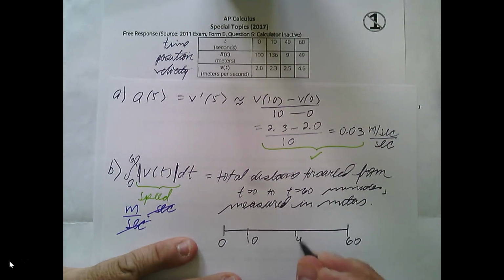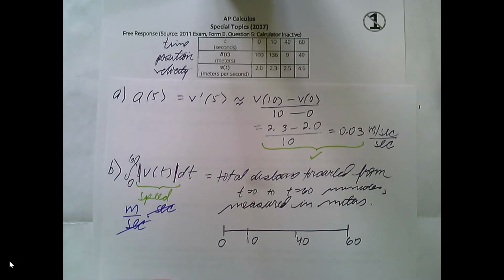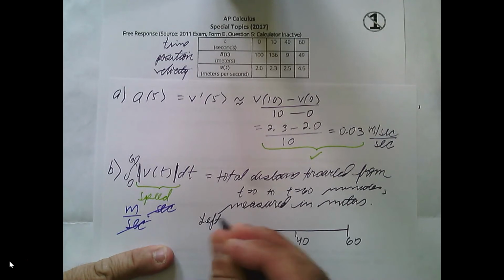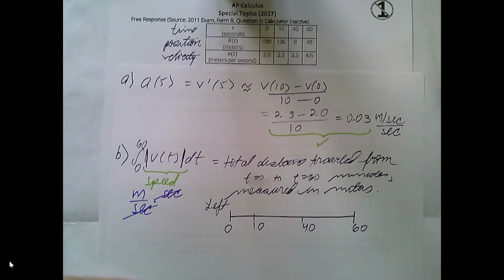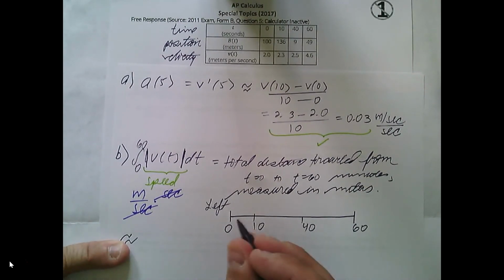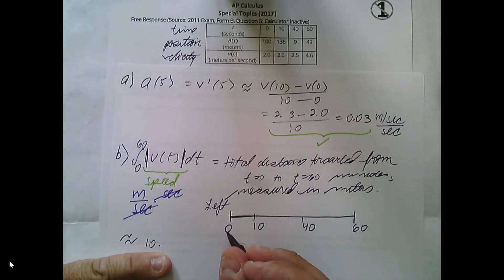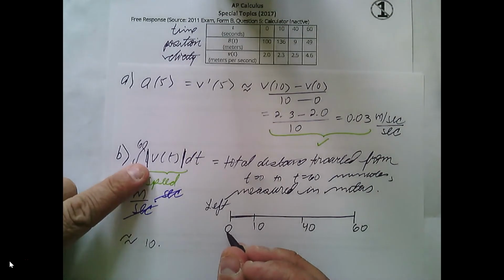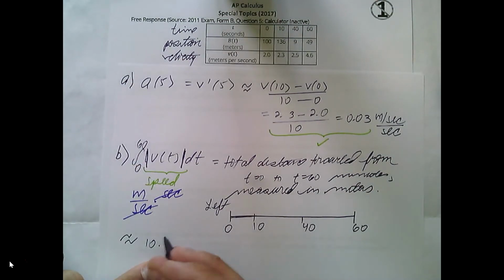So at 10, 40, and 60. These are my three intervals. I'm using the left endpoint method. My approximation, length of the interval 10 times the height of your velocity function, or I guess your speed function, at time t equals 0. Well, that's going to be 2.0.